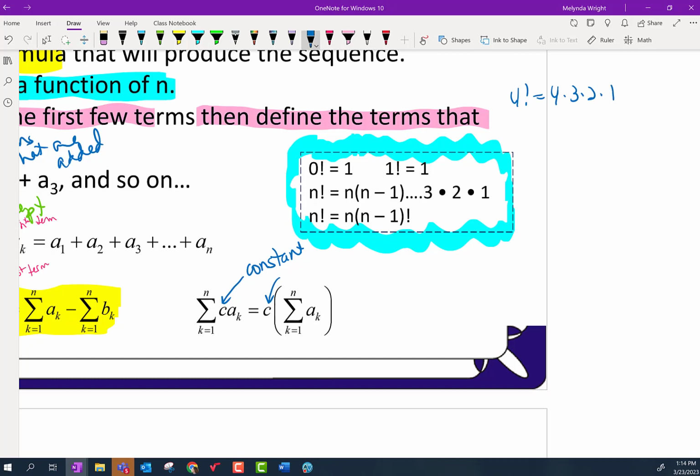That's how factorials work. They start with the number that's stated, like the 4, and then they decrease by 1 every time they go down, and you multiply them all together. 1 factorial makes sense to be 1. The weird one here is 0 factorial. I don't think we're going to be dealing very much with 0 factorial, but just so that you know, 0 factorial is actually 1.